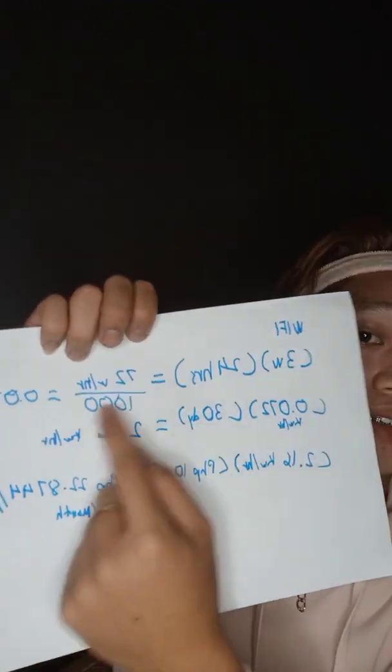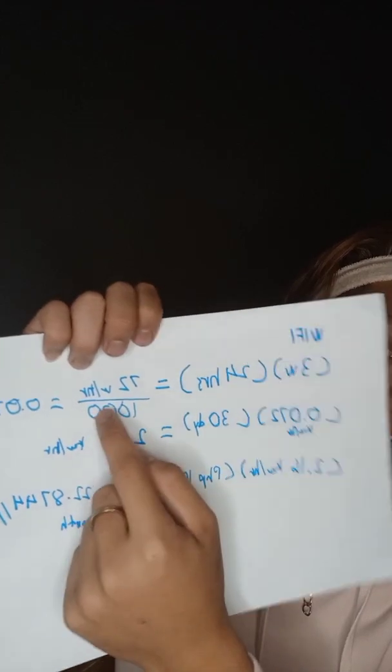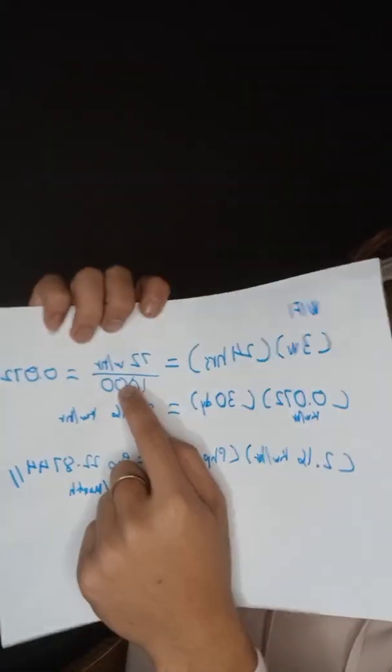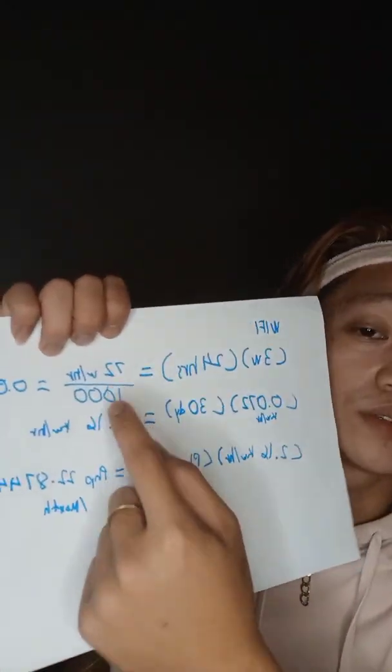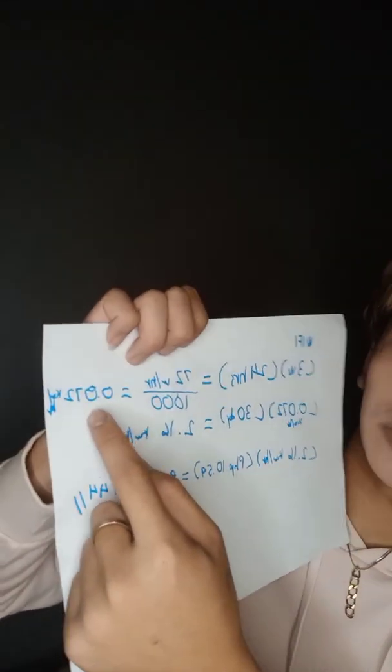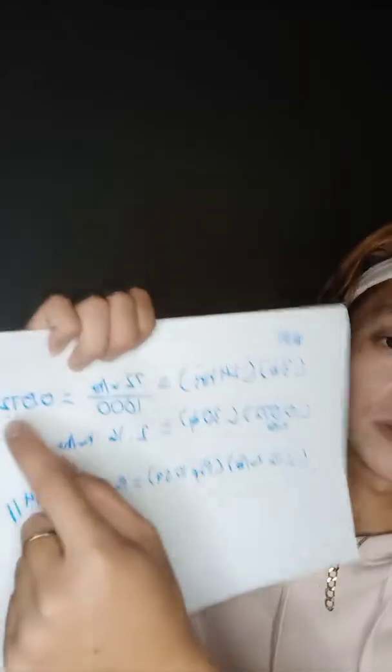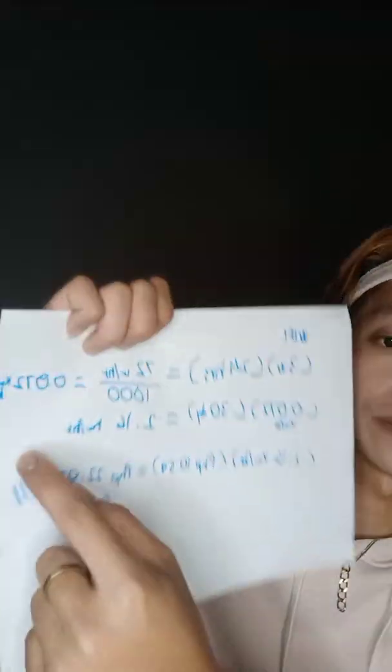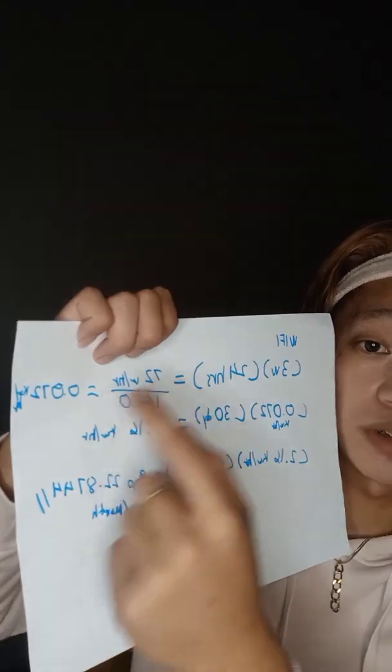Ito guys, 1,000 given na to. So, given na yan. Yung kailangan kuhaan nyo sa iba kasi given na to. So, 72 divide by 1,000 is equal to 0.072 kilowatts per hour.